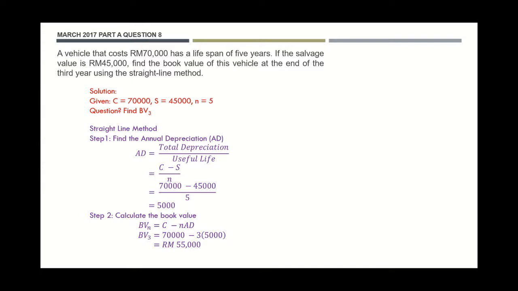Substituting the value of C equal to 70,000 and the value of AD, the annual depreciation, 5,000, like what we have found just now, we have the book value at the end of the third year to be RM55,000. So this is how you find the book value at the end of the third year using the straight line method. This gives us the solution for the problem we have just discussed. Okay, next we look at another question.